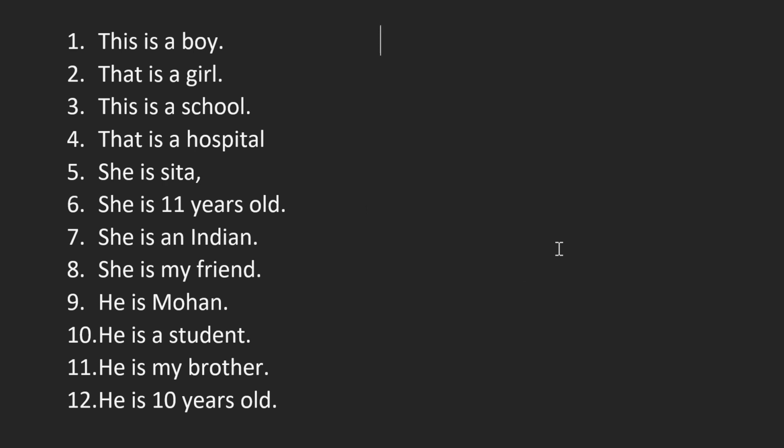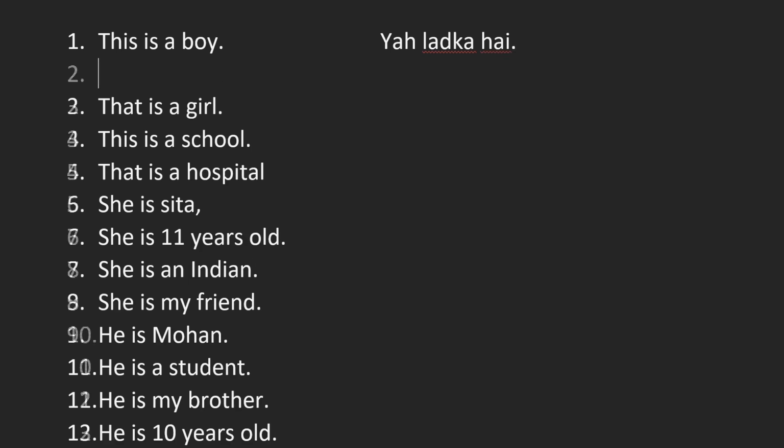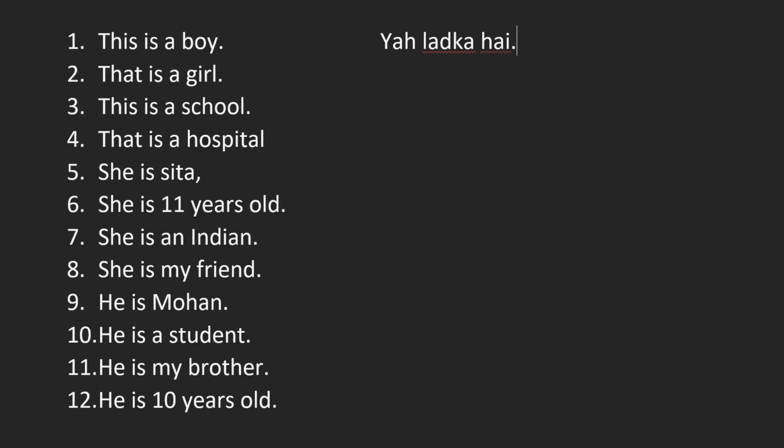This means यह, boy means लड़का, then है: यह लड़का है. If you want to say that is a girl, वह, or you can say वो लड़की. Remember that we say वो in speaking only. When we write, we write only वह. So वह लड़की है.